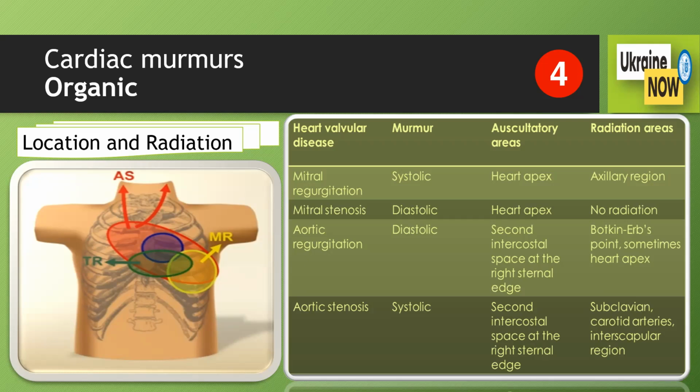Since this heart defect is characterized by a rough or loud sound, it can be determined in auscultation over the entire heart region and be transmitted to the interscapular space. A diastolic murmur due to aortic valve incompetence is best heard not over the aortic valve, but rather at Botkin-Erb's point, where it is transmitted by the backflow of blood from the aorta to the left ventricle.